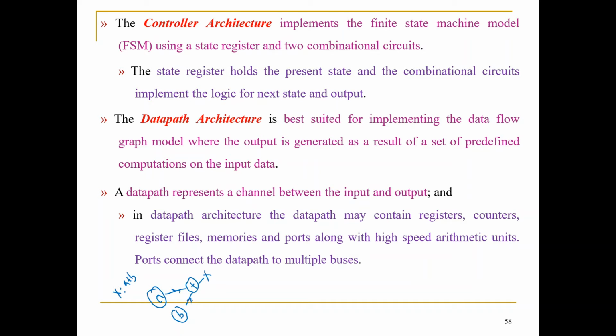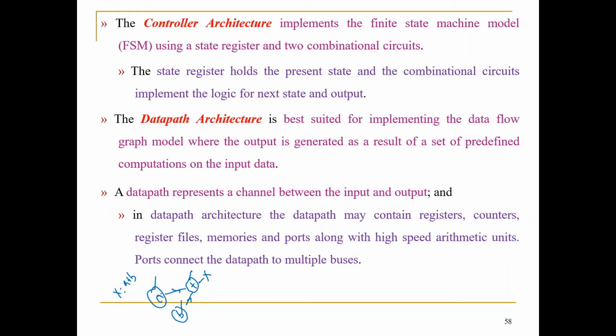So this can be called your finite state machine. In fact, there is a lot of difference between what I have written here and what it actually is. Control architecture implements the finite state machine model using a state register and 2 combinational circuits. The state register holds the present value and the combinational circuits implement the logic for the next state and the output.